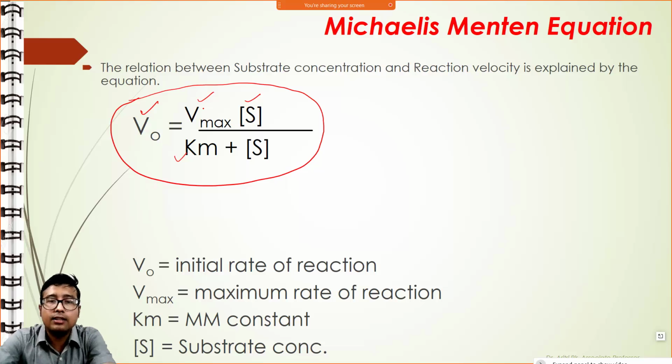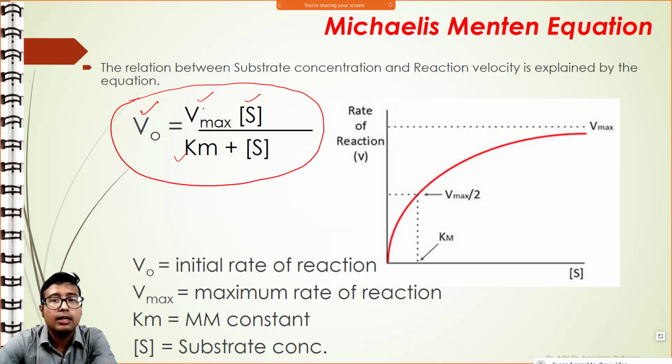So these are the various abbreviations that we have been using in the Michaelis Menten equation. Now the next step is drawing the curve, how the Michaelis Menten curve actually looks. The curve is actually very easy.